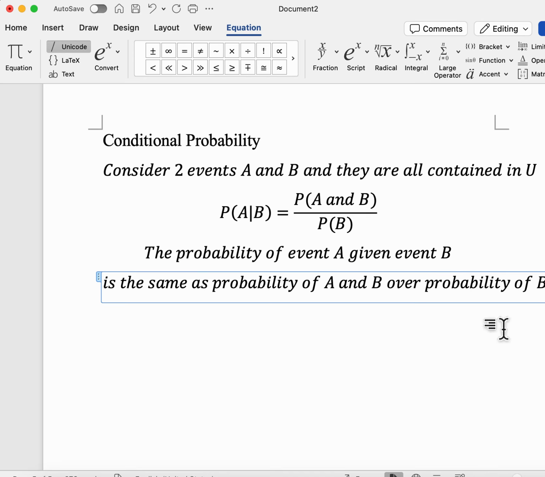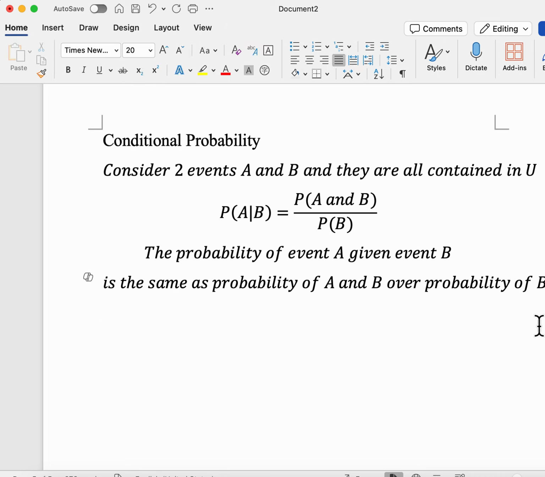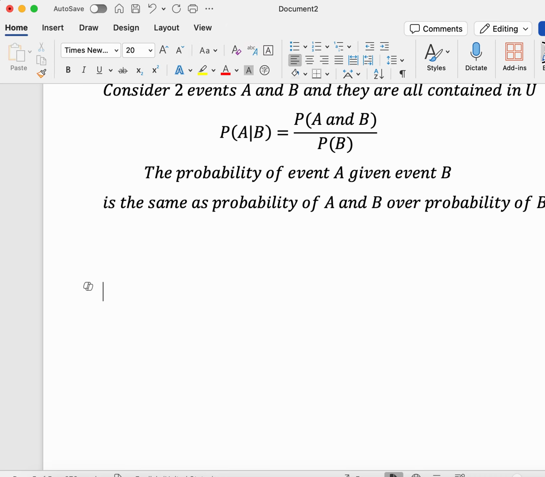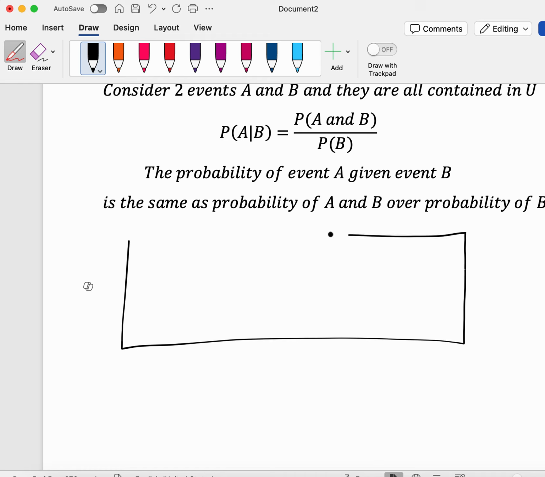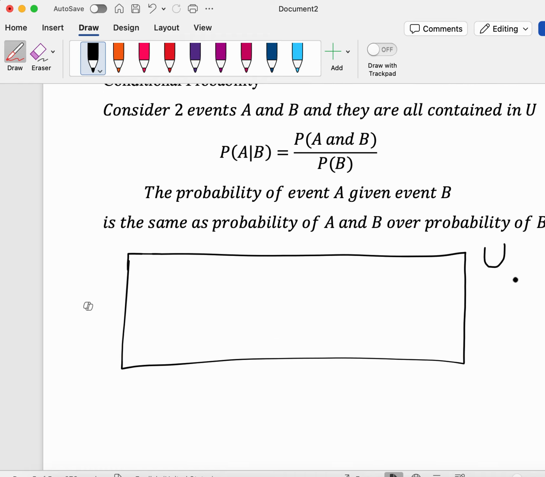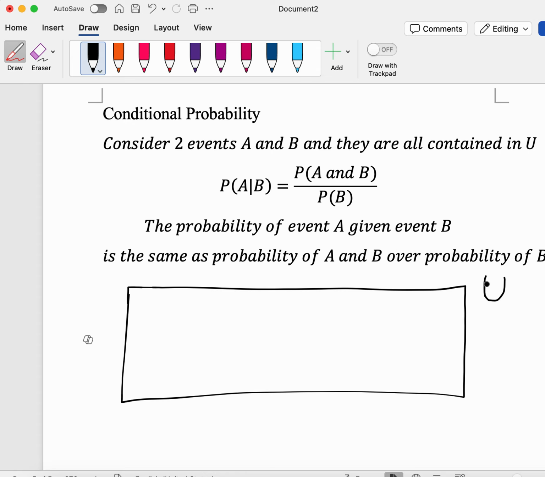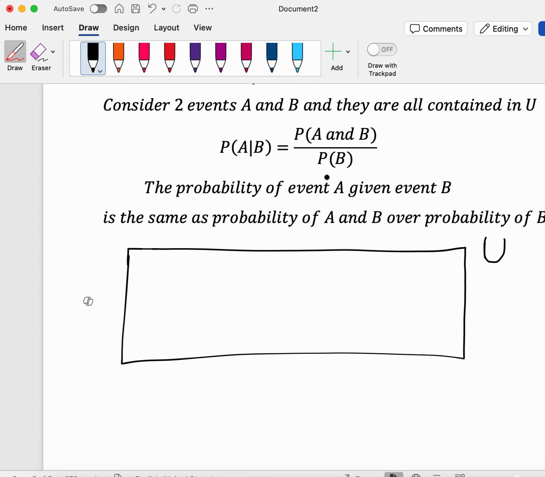Now I need to go and define these sets B and A very carefully. So in the Venn diagram setup, which I ignored to draw in the previous thing, you define the universal set typically as a rectangle, and this is U here. Now consider we have two events A or B, but I'm going to draw it in this particular way because P of B is in the denominator, right?